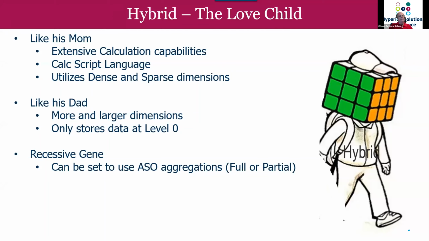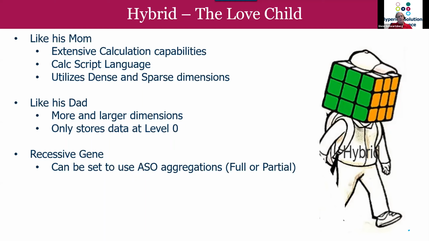It does use dense and sparse dimensions, but they're not quite as important as they are in a BSO cube. It will actually be a little bit different on how we do our configuration. Like his dad, the ASO cube, we get more and larger dimensions, and we can only store data at level 0 members.